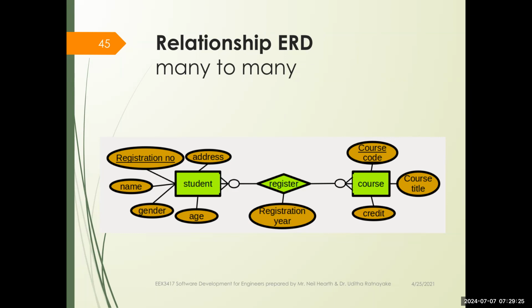Now this student to course is a many-to-many relationship. But to create it in MySQL, you have to convert it into one-to-many relationships. So we can include one relationship between these two entities. So registration number is the relationship. A special attribute of this one is registration year.